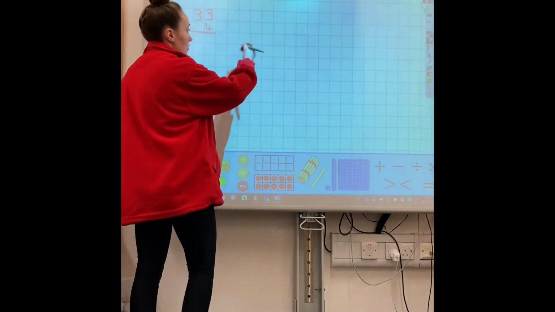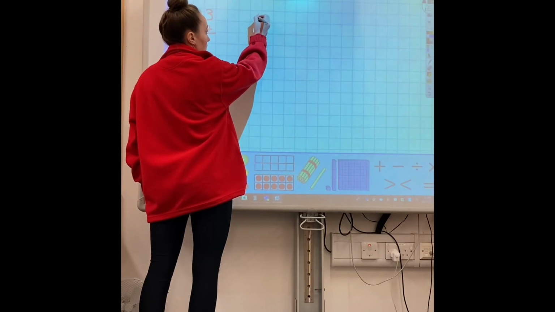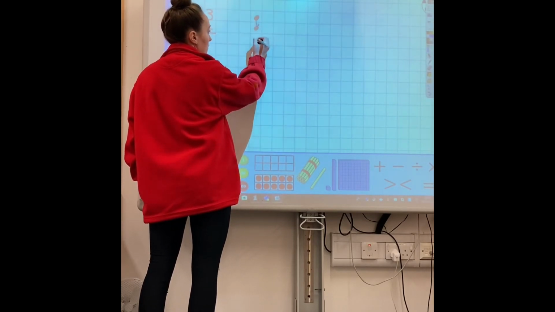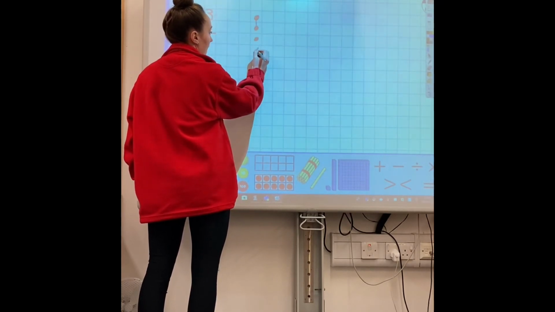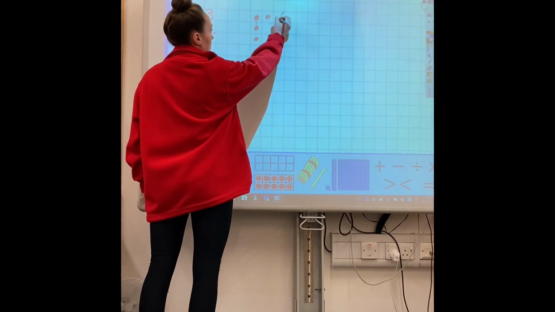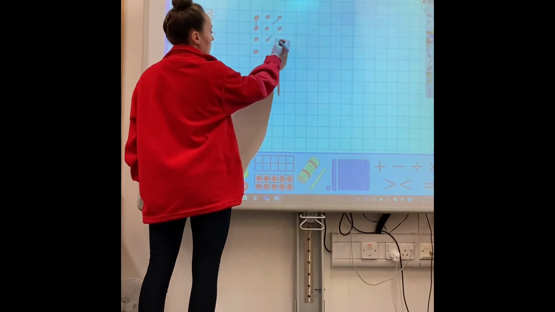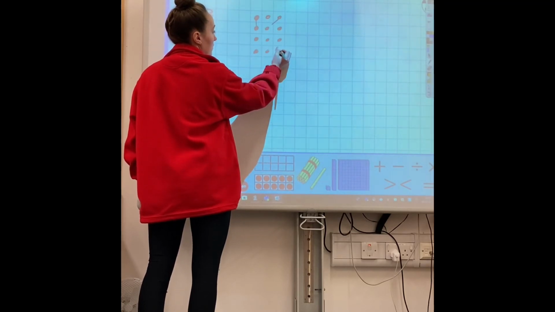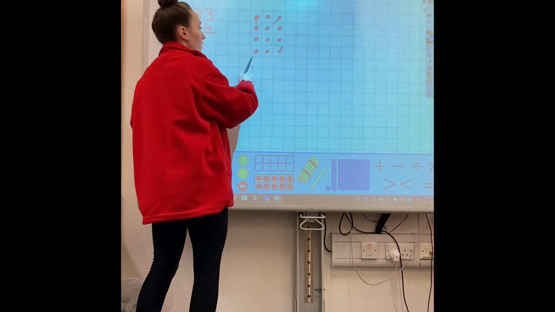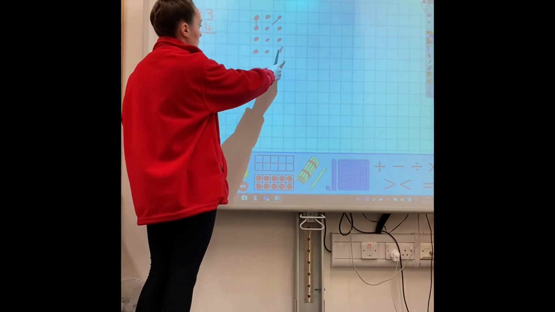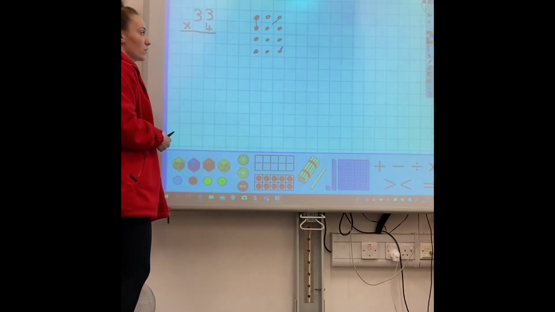So I can do 4 circles, and then I can go 3 across on each row. And I know if I count all those spots that I will have 4, 8, 12. So I know that 3 times 4 is 12.